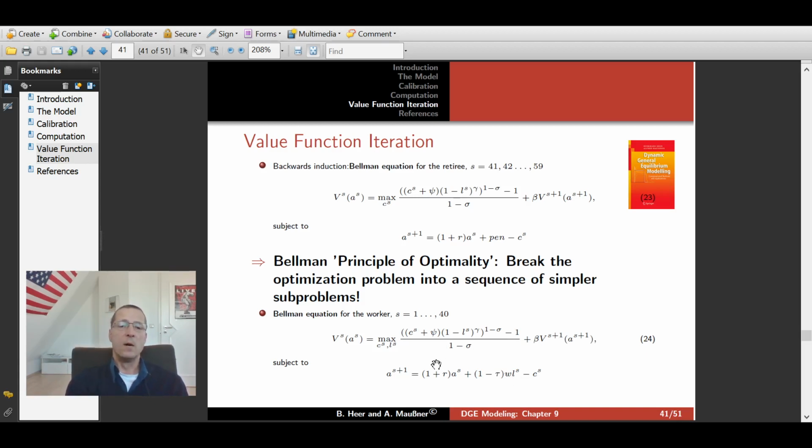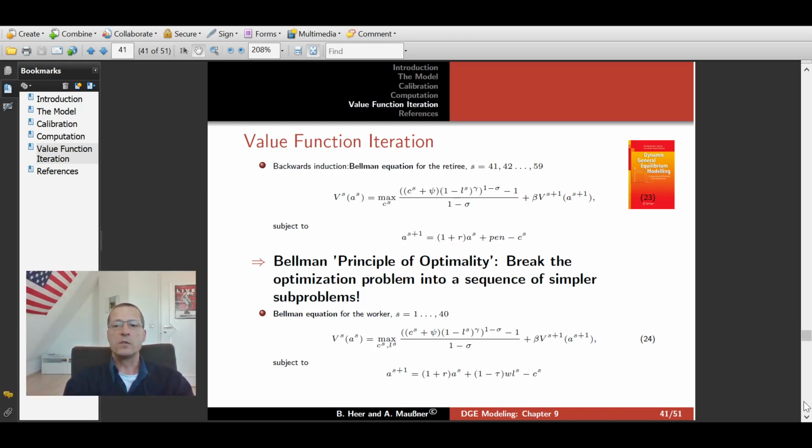So the worker now has two controls, his consumption and his labor supply, and the two already determine next period wealth according to his budget constraint, and therefore the value of his value function VS plus 1 next year.